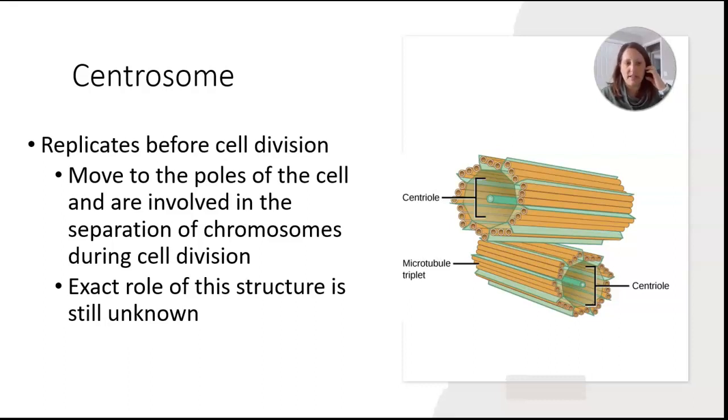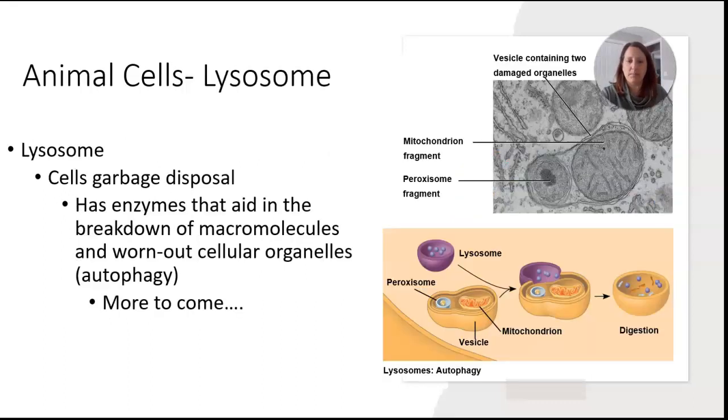I already kind of said this, but again, they replicate before cell division, they move to the poles, and they're involved in separating chromosomes during cell division. So again, during mitosis and during meiosis, this structure organizes what's called the spindle, which is made up of microtubules. It's a structure responsible for pulling chromosomes apart. And again, the exact role is still kind of a gray area. We're not 100% sure.